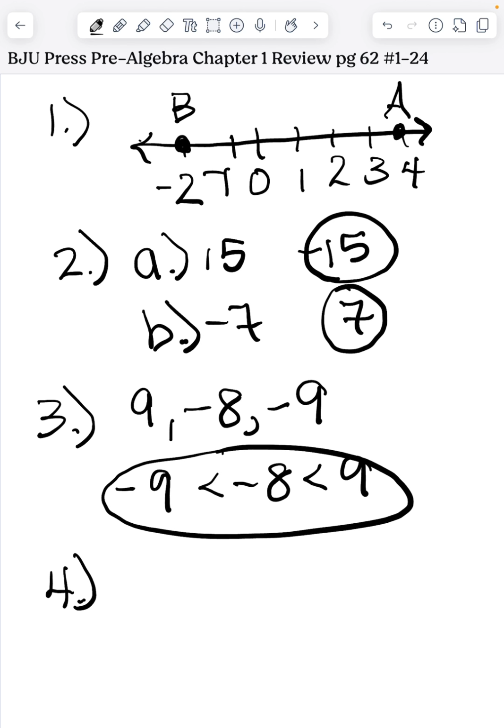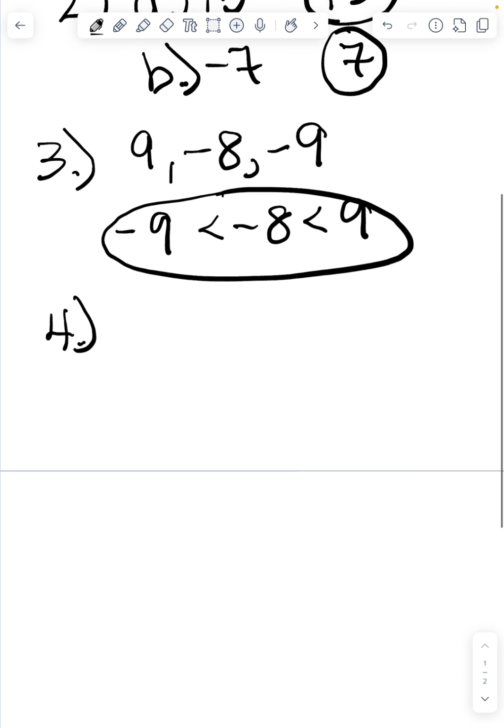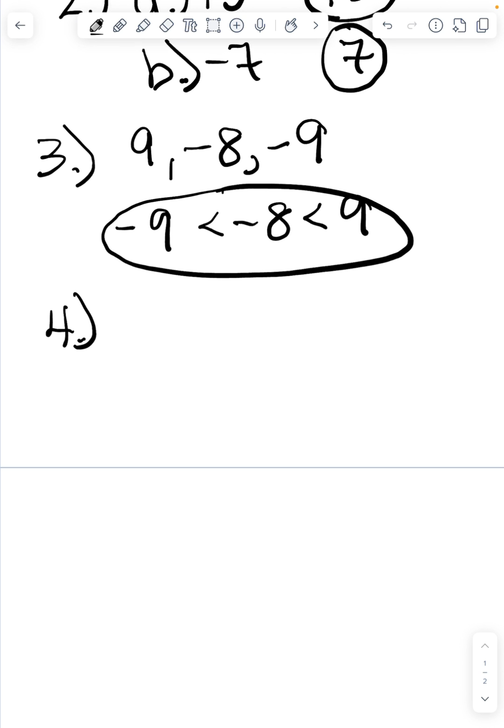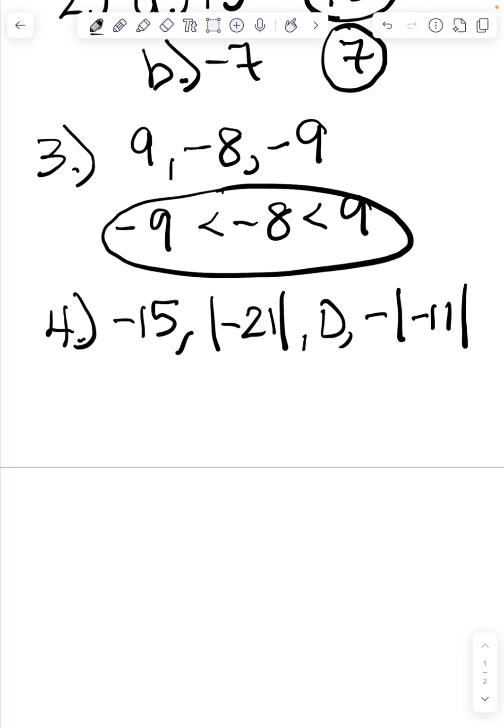Number 4, same idea, but this time we might have to think a little bit. They added some absolute values and things in here. So number 4, we've got -15, the absolute value of -21, a 0, and the opposite of the absolute value of -11.